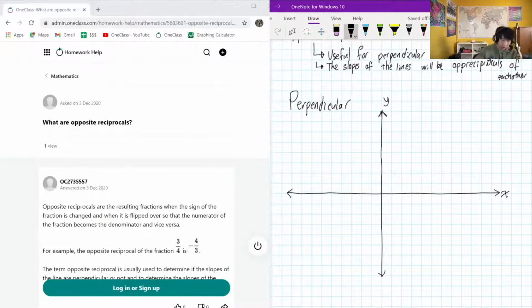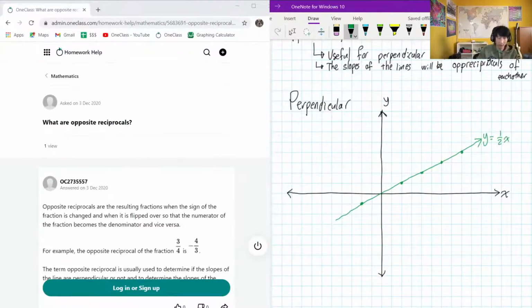Okay, so suppose that we have one line and we can make it a green line, and this has a slope of 1/2. My bad. So we can say this one is equal to y equals 1/2 of x.